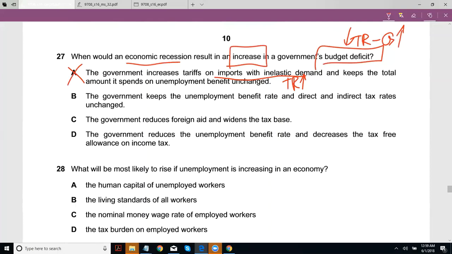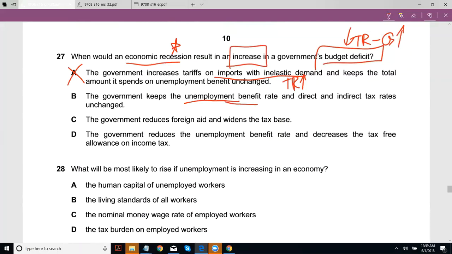The government keeps the unemployment benefit rate and direct and indirect taxes unchanged. Well, if they're unchanged, then how will this increase the government's budget deficit? It might, though, because if you have a recession, then you have more people unemployed.